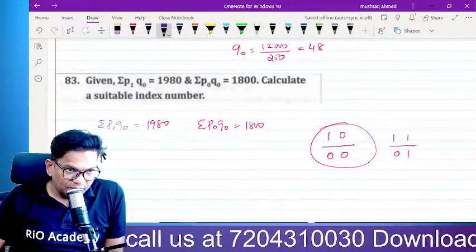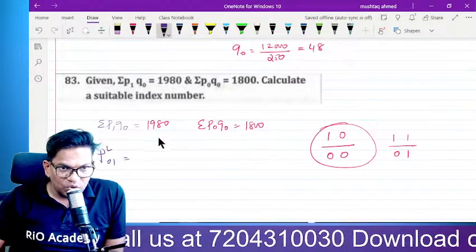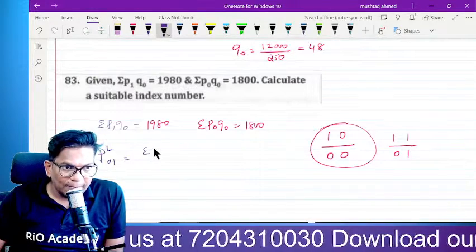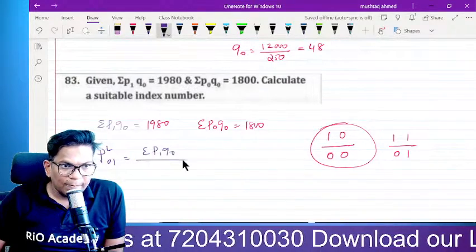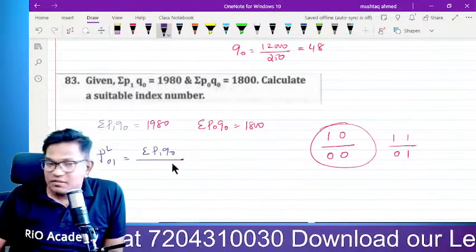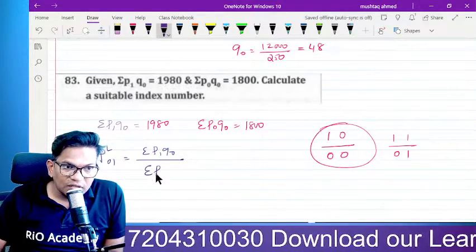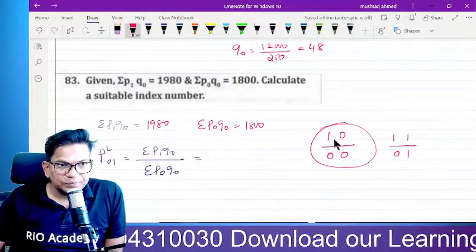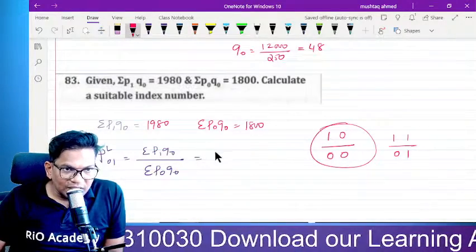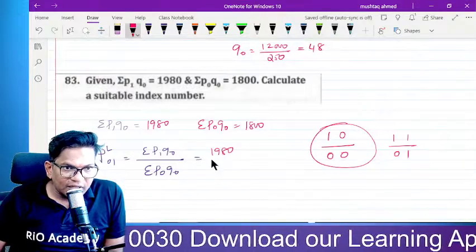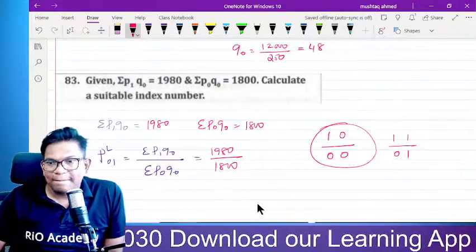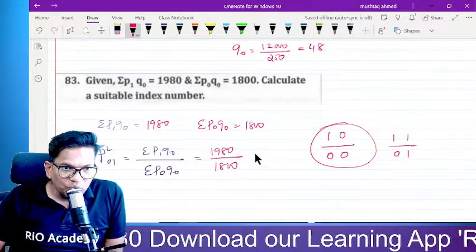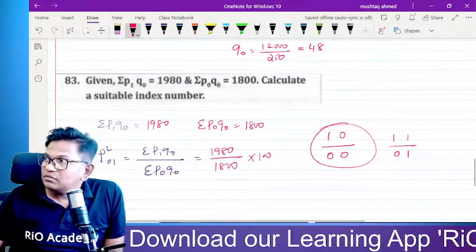Laspeyres: P01 is equal to 1980 divided by 1800 into 100. How much do you get?